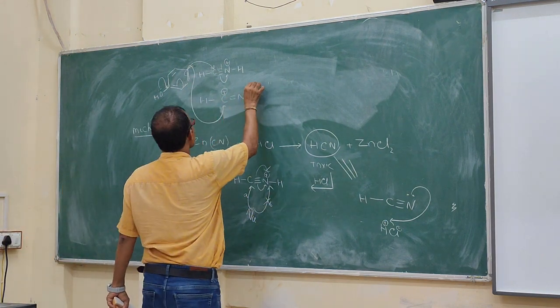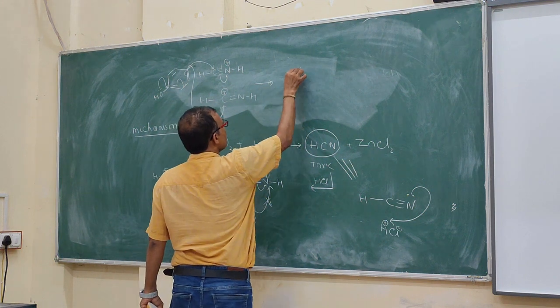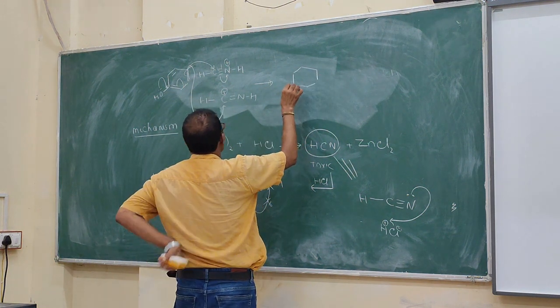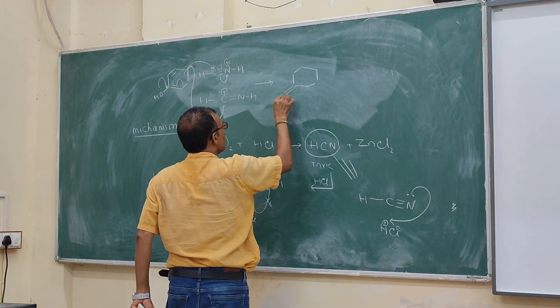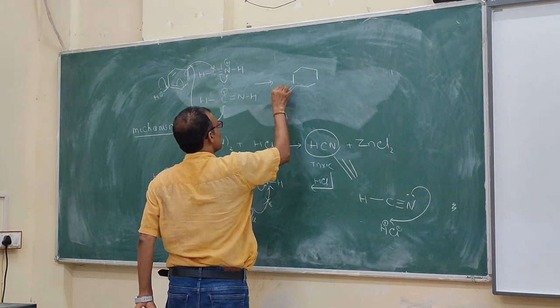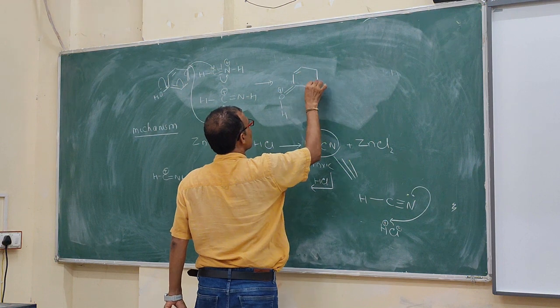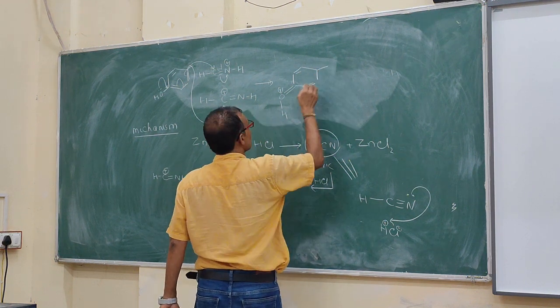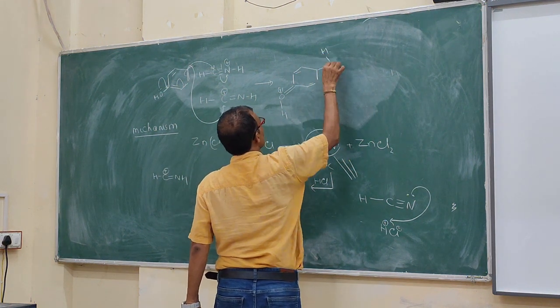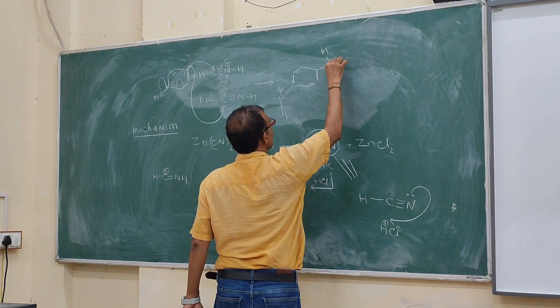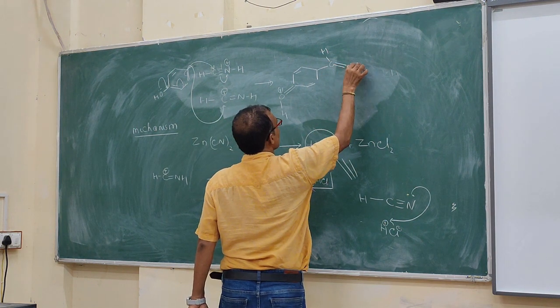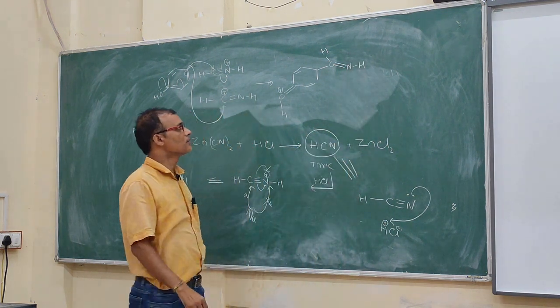Okay. So now you have this. Now this becomes O, H plus, and you have C, H, then double bond, N, H.